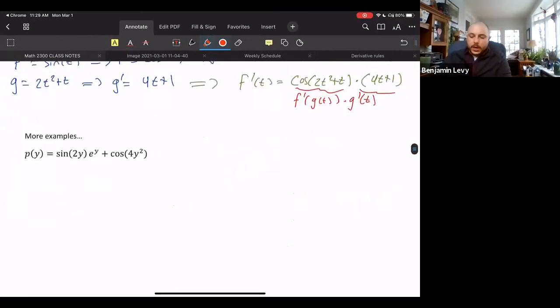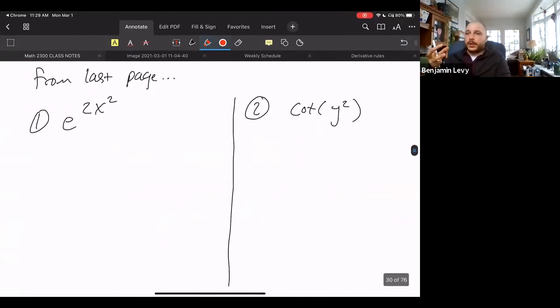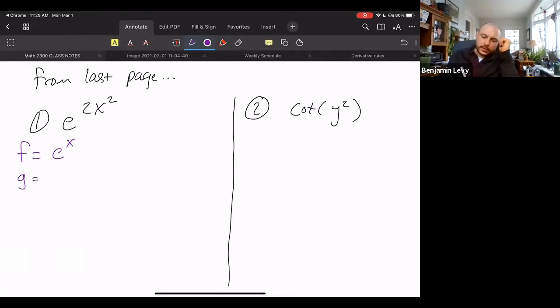Okay. Anyway, so you can think about the same thing. It's an e to the x, but there's something in there. There's a cotangent, but there's something in there. All right, so I'm going to write down the details, but see how far you can get by yourself, and then we can check the answers together. So when I look at this one, the outside function's e to the x, inside function looks like 2x squared.